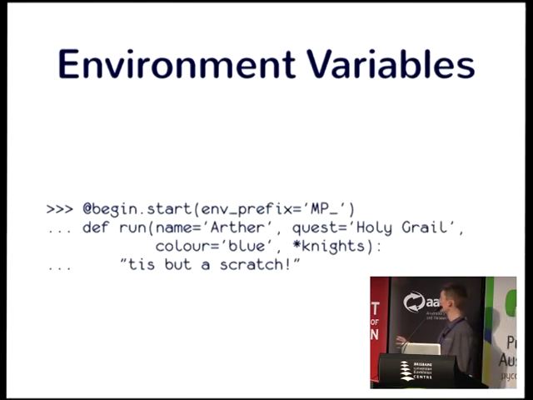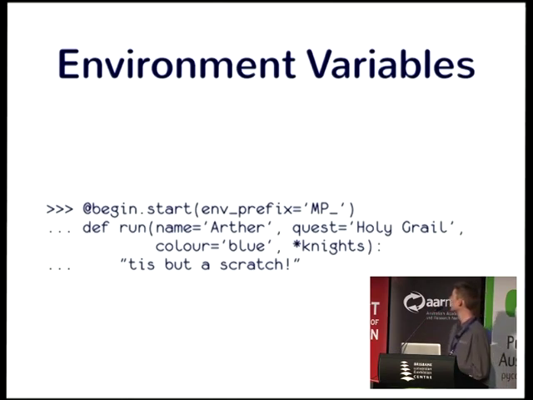Environment variables. If you work in the Unix environment, it's fairly common that you might want to pass in, rather than on the command line, options through the Unix environment. So we can declare a prefix in our decorator that says, I want to be able to set all the options using this prefix. So in this scenario here, I could pass in name and quest with --name, --quest.